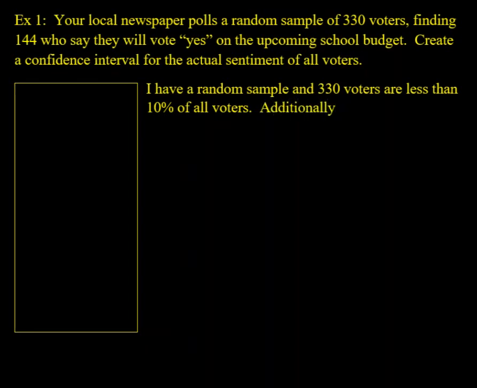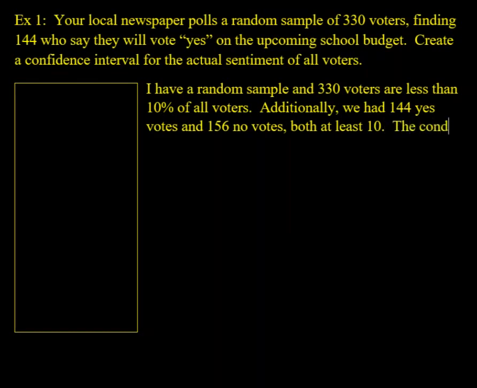Additionally, we had 144 yes votes and 156 no votes. Both at least 10. The conditions are satisfied. I will use the normal model for a 1 proportion z interval.